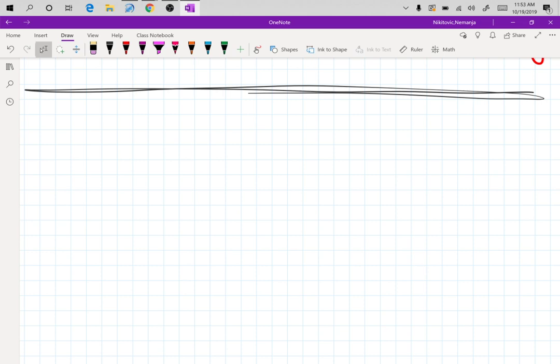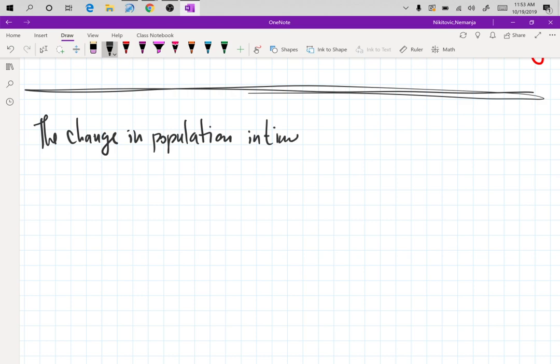So the sentence is, the change in population in time is proportional to population. So fit that somehow. The change in population in time is proportional to population.